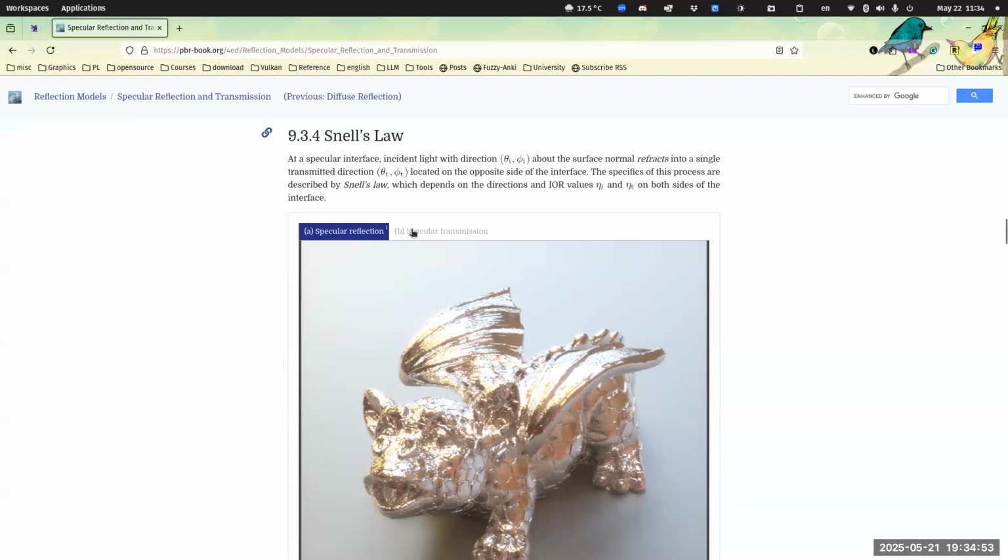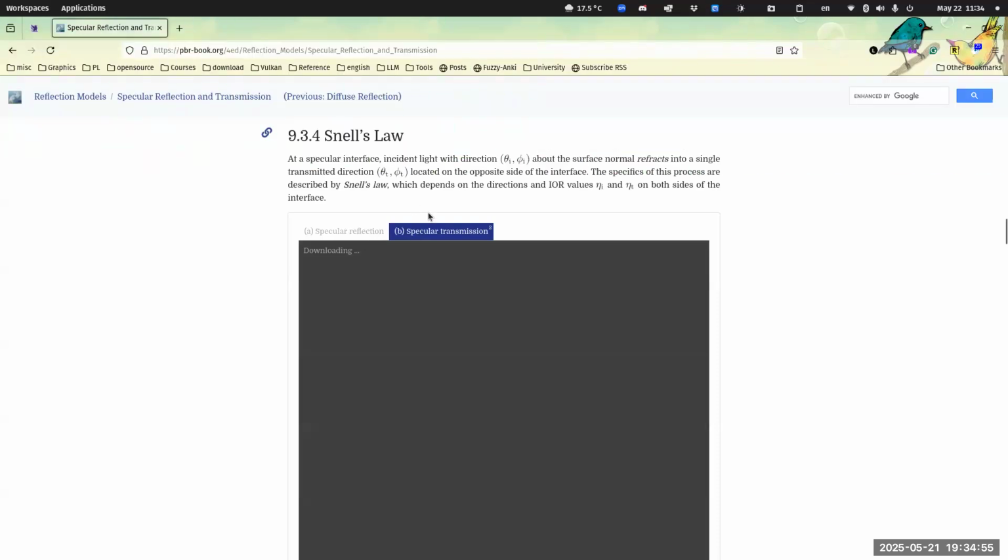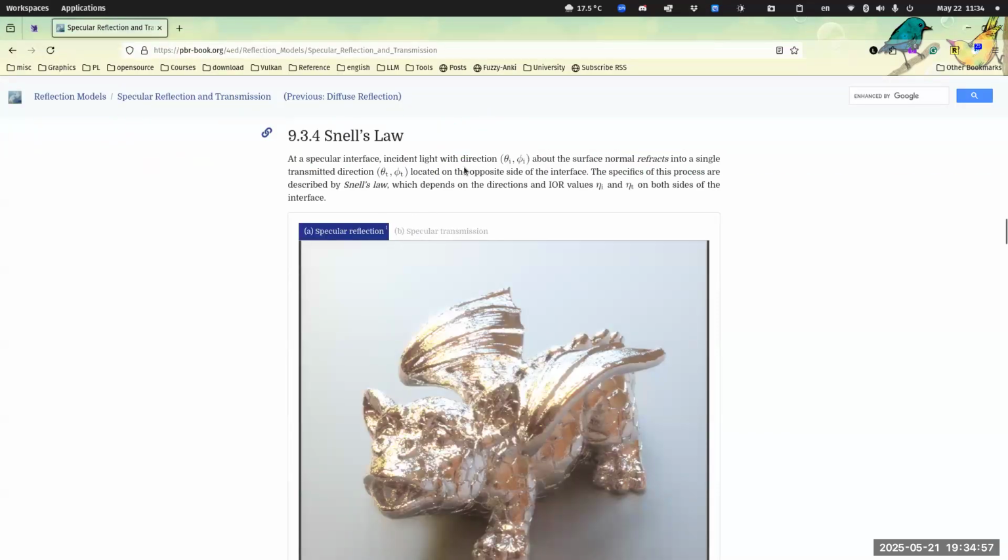And Snell's law. At a specular interface, incident light with direction theta I phi I about a surface normal refracts into a single transmitted direction theta t phi t located on the opposite side of the interface.